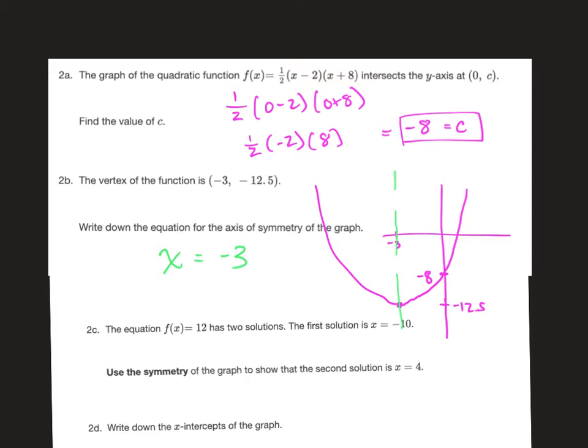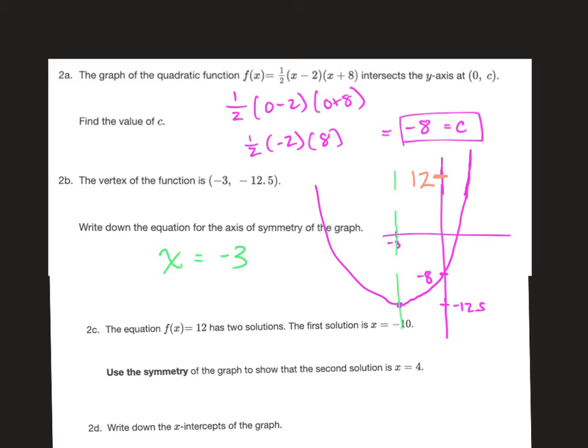2c: the equation f of x is equal to 12 has two solutions. The first is at x equals -10. So this is saying when y is 12. If we extended our graph up here a little bit and said, okay, let's make y 12 here, and it's saying that there's two solutions.